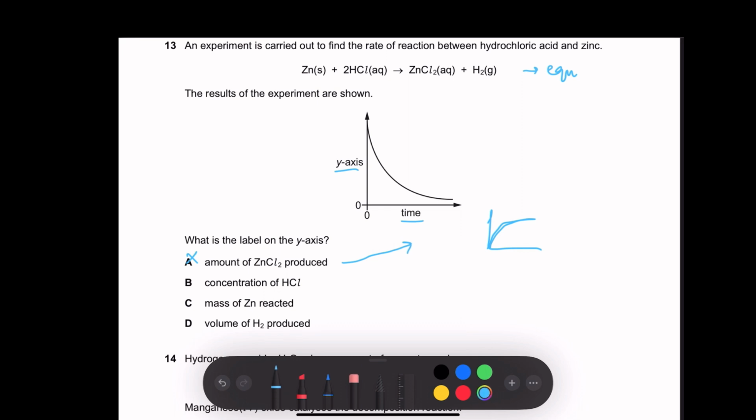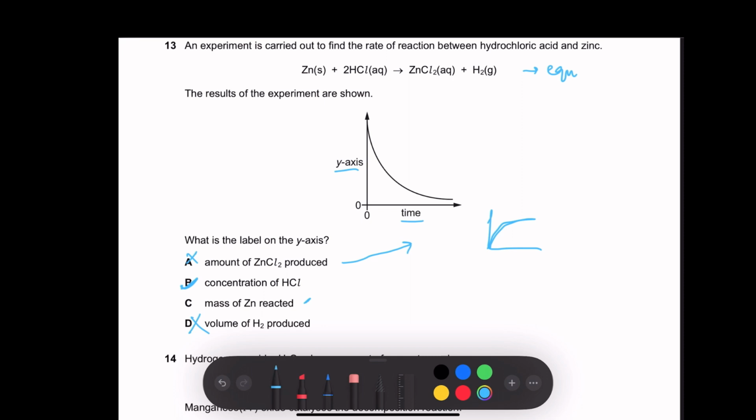Then B, concentration of HCl. Okay, this can be. Let's see. C, mass of zinc reacted. And D, the volume of H2 produced, no, it will be the same graph as zinc chloride. Now between B and C, if we look at option C, they say mass of zinc reacted.